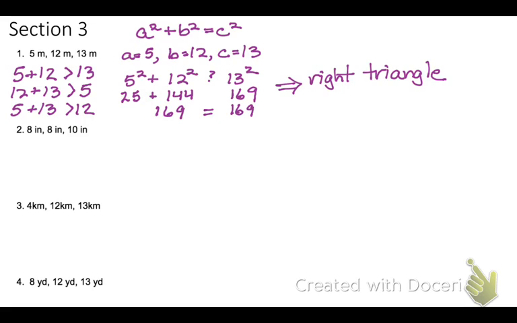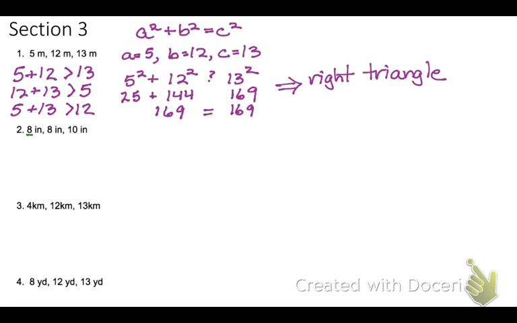So that's that one. Let's change colors here so we don't get confused. Our next set of numbers is number 2: 8 inches, 8 inches, and 10 inches. Knowing what you know now, and what you learned yesterday in class, you should recognize this as something special.